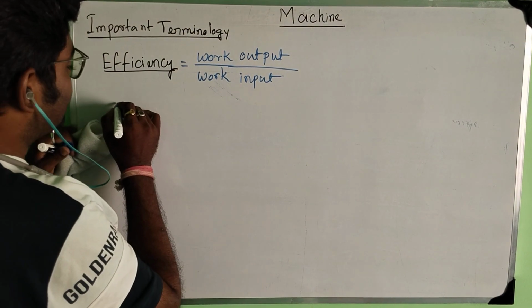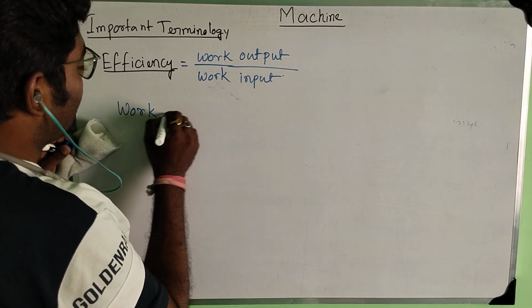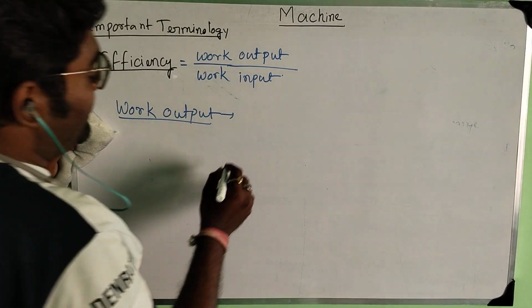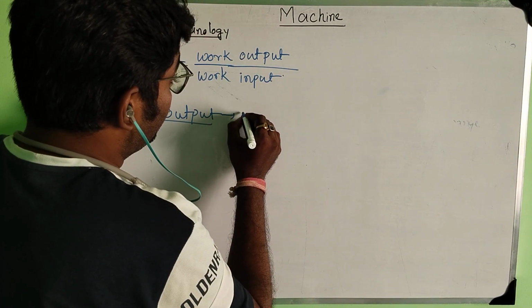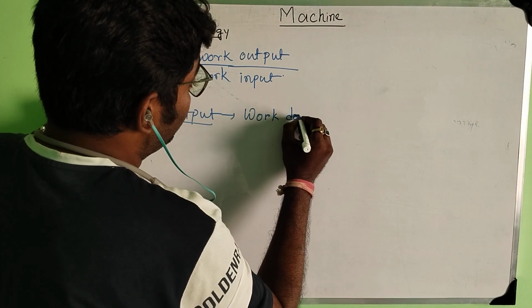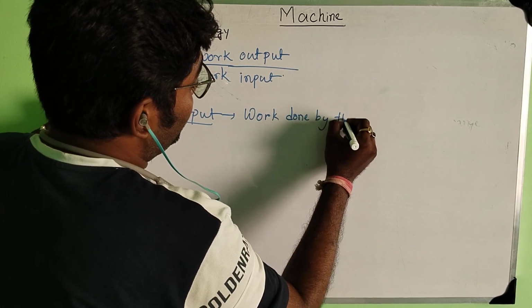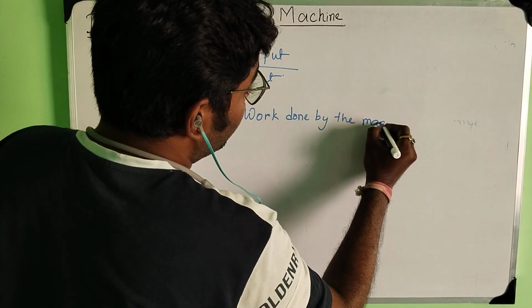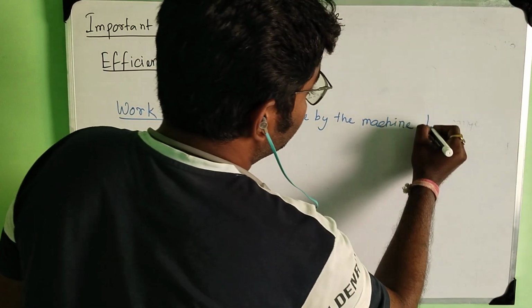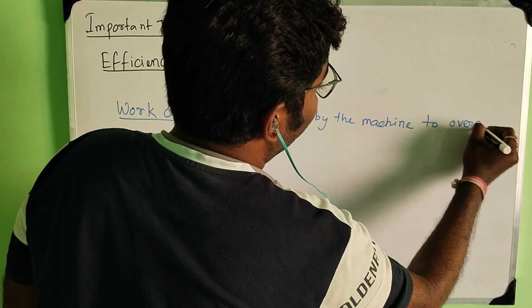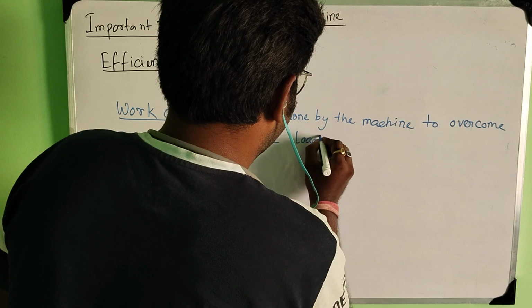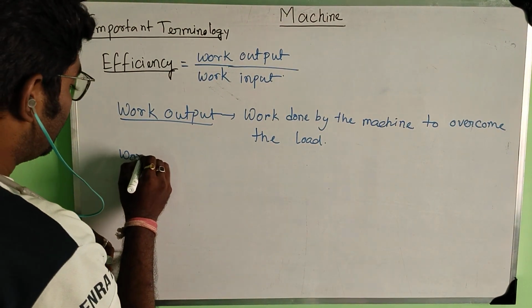Now what is work output? It is the work done by the machine to overcome the load. And what is work input?